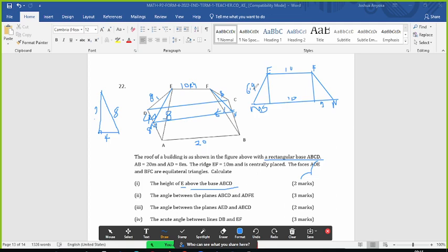But in the future, use 4 significant figures because we have calculators. So 6.9, this one is also 6.9. So we can find now h.